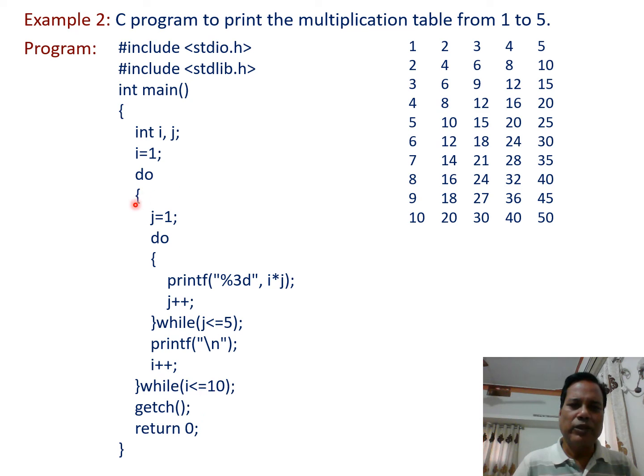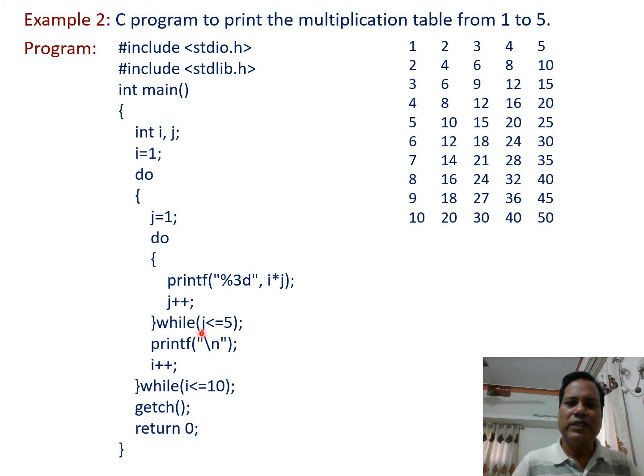So again the body of the outer do while loop is executed, and when the loop is executed, the value of i into j, that is 2 into 1, 2 gets printed first, then the condition is true for the second time for the value of j equal to 2. So 2 into 2, that is 4, gets printed. In this way 2, 4, 6, 8, 10 get printed in the second row.